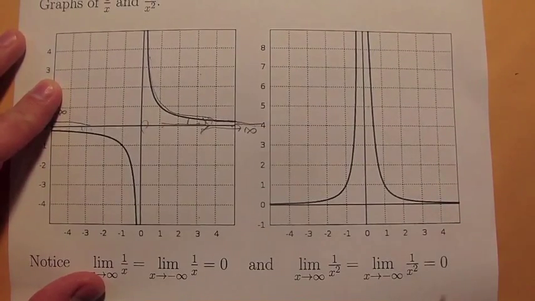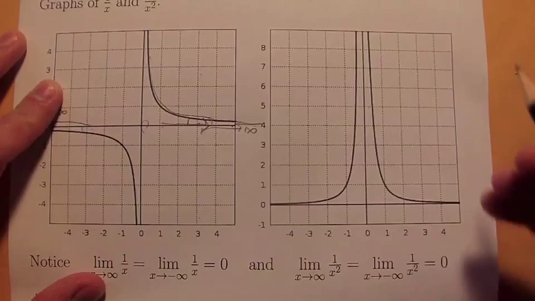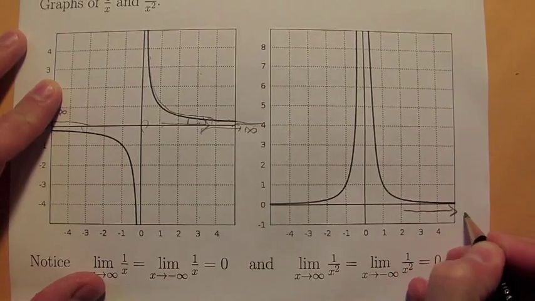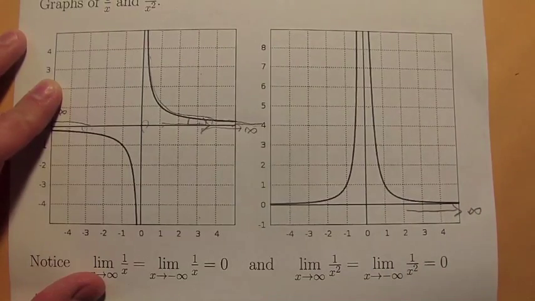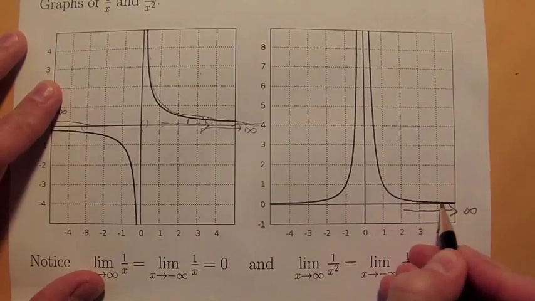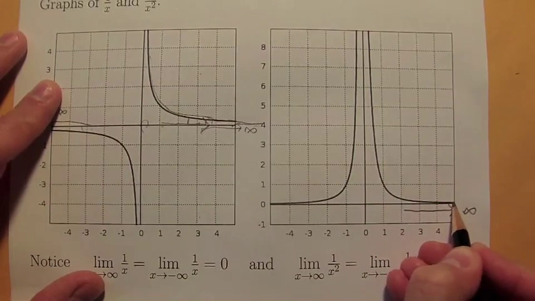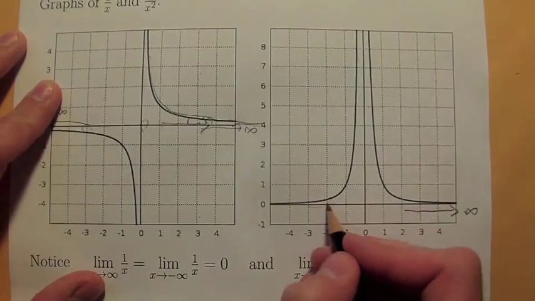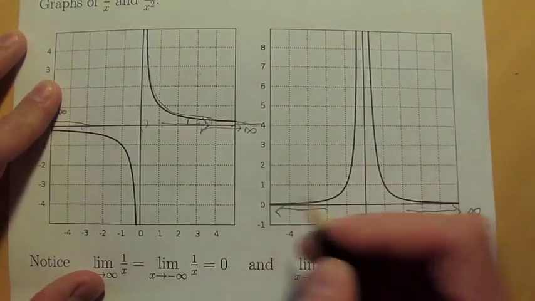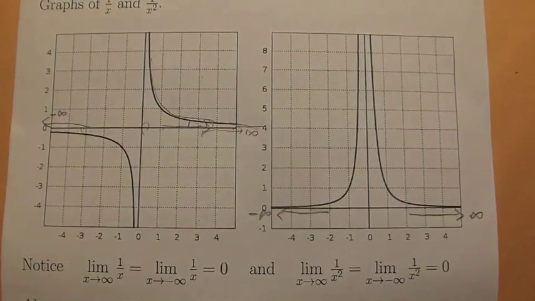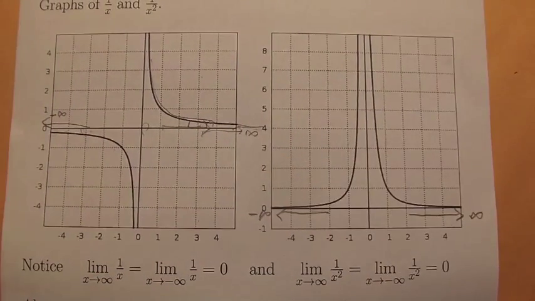On the other hand, if we look at 1 over x squared, it actually goes to 0 faster. As x goes to the right, increases without bound, we see that the graph itself is swooping down to 0 way faster than it did over here. Here's the 0 line. And when it goes out to the left, decreases without bound, it's behaving the same way.